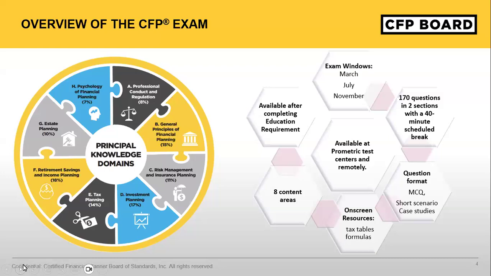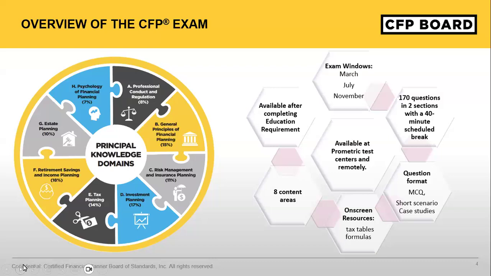The questions are typically multiple choice questions, meaning they get a question, they have 4 options, and they select one correct answer. Then we have questions that we call the short scenario questions. These present a short scenario, typically about a paragraph, and then questions are based on that scenario with 4 options, and candidates select the correct answer.